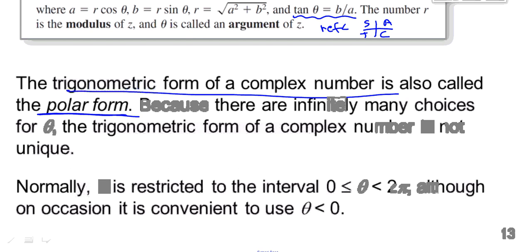Because there are an infinite number of choices, a trigonometric form of a complex number is not unique. And then here it says, normally theta is restricted to that interval from 0 to 2 pi, although occasionally it's convenient to go with a negative angle that we just talked about.